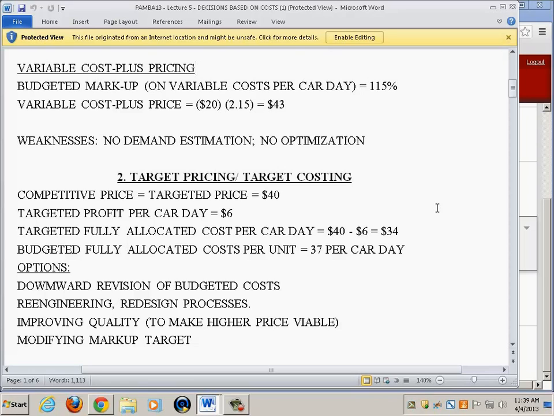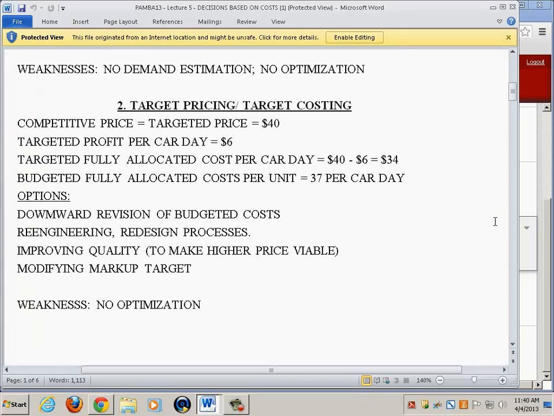Or we can say, well, maybe the profit target of 6 is too lofty or too ambitious, and we have to modify it. We have to modify our profit aspirations here. So we have to reduce it. So that's basically how target pricing, target costing works.